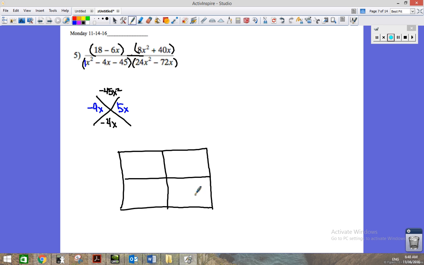Along one diagonal of the table goes our first term and our last term, the x squared and the minus 45. And along the other diagonal is the two numbers that we found in the x. And it doesn't matter whether I write the negative 9x here or here. I can swap these diagonals together.